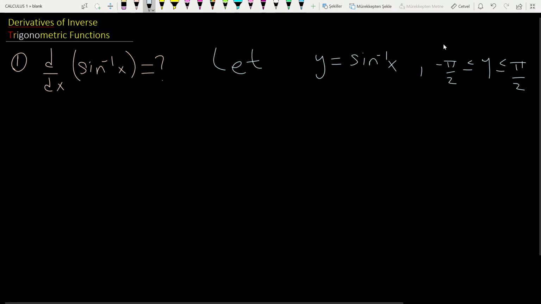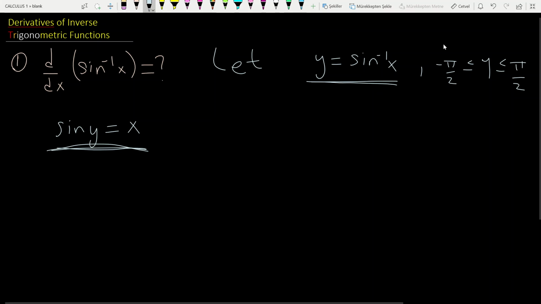Differentiating sine y equals x with respect to x. You apply sine to each side of this equality, then you get sine y equals x. Differentiating this equality with respect to x, of course, we implicitly differentiate, okay?